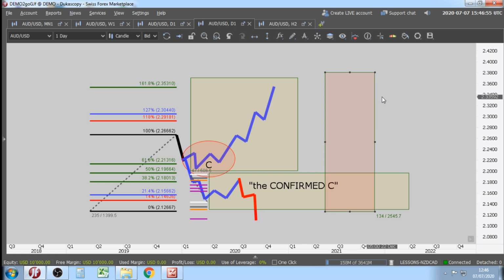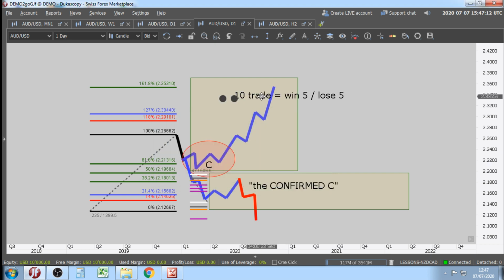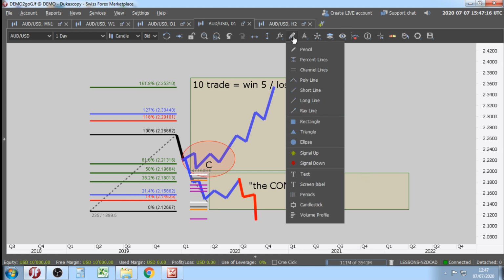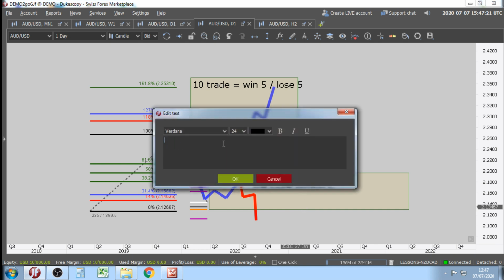Let's make two quadrants. If you put 10 trades here, then you are going to win 5 and lose 5. This is with the 50-50. But if you put 10 trades at the confirmed C, then you are going to win 8 and lose 2.